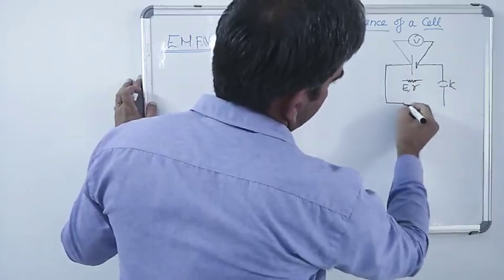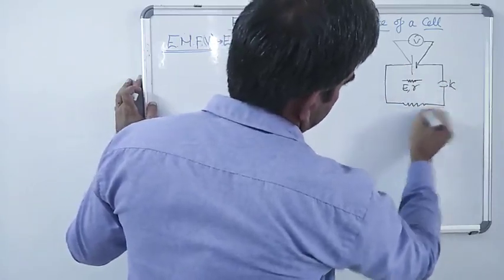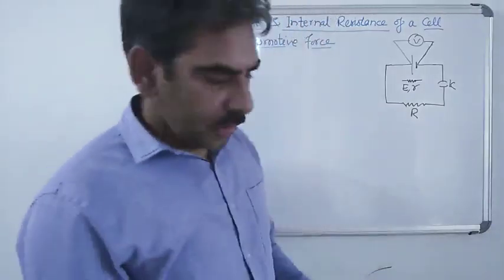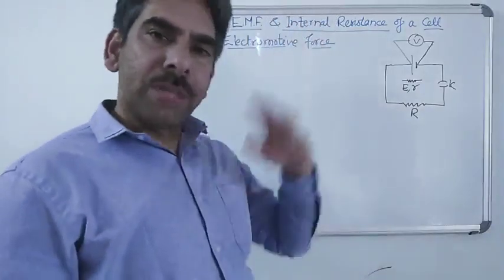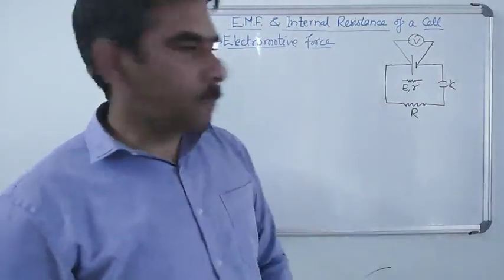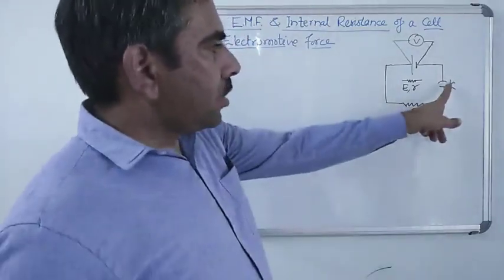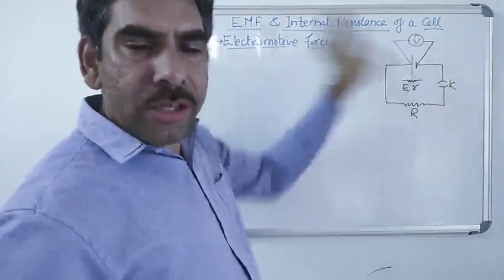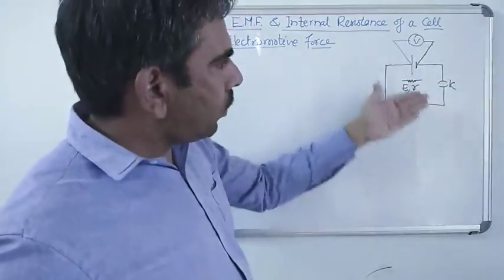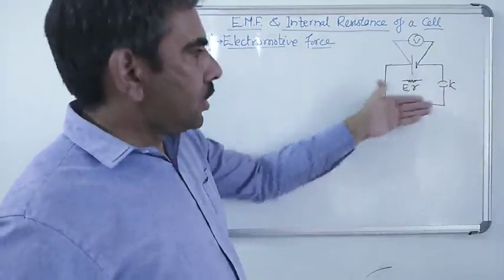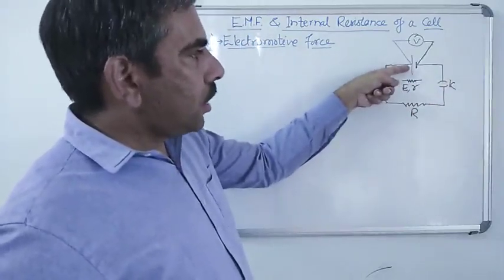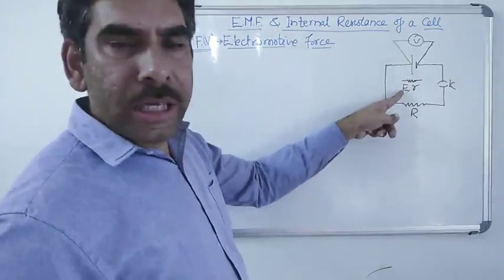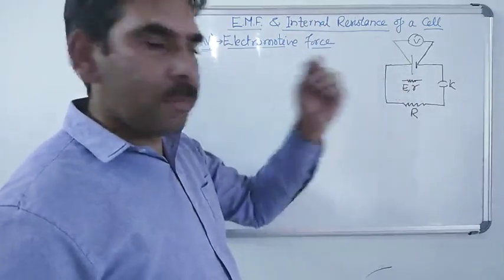We are using some external resistance of some value R, which is able to draw some current from the cell if it is connected, right? Initially, whenever this key is open, the circuit is not complete, so no current is flowing through the circuit. In that case, the potential difference across the two terminals of the cell is nothing but equal to the EMF E of the cell, which is the maximum potential difference.